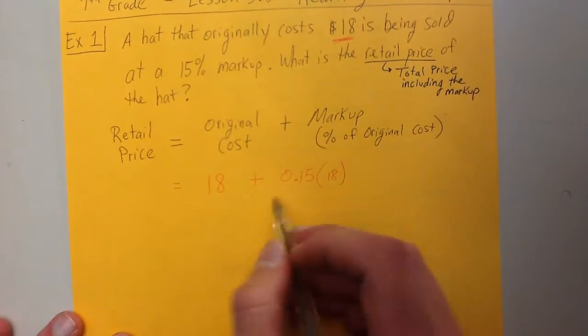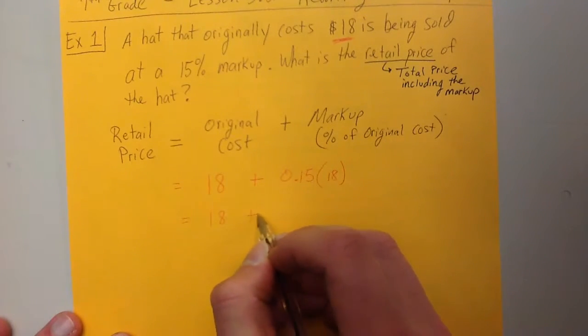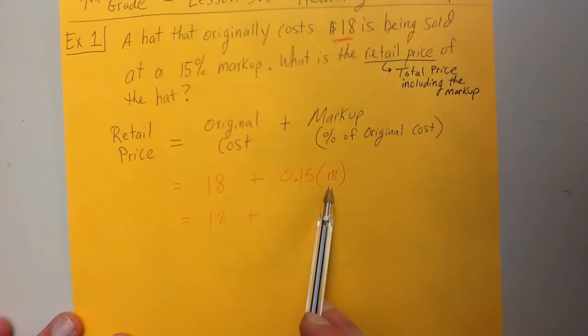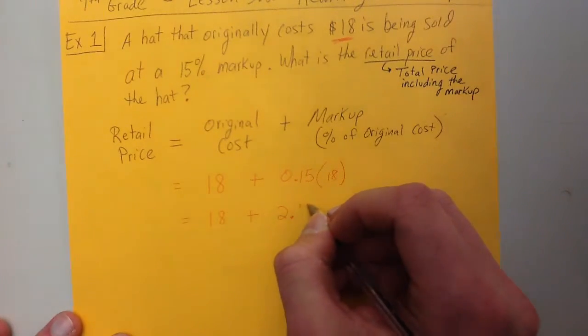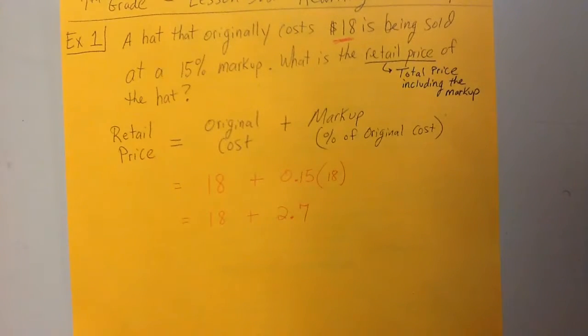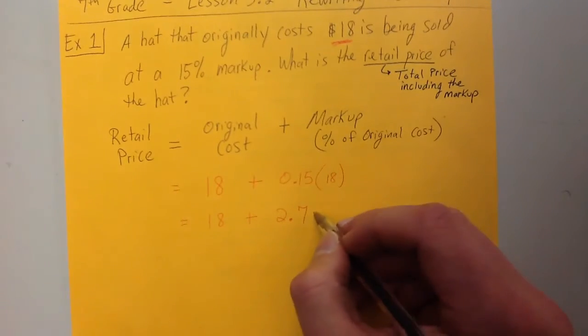Okay, so from here I just follow order of operations. I have to multiply first, so I have 18 plus 0.15 times 18. If I put that in a calculator, it'll give me 2.7. But since I'm talking about money, I need to make sense of that. 2.7 is like $2.70.